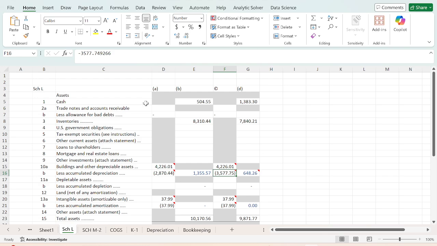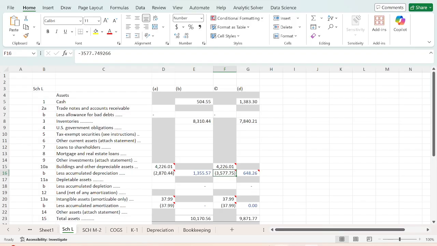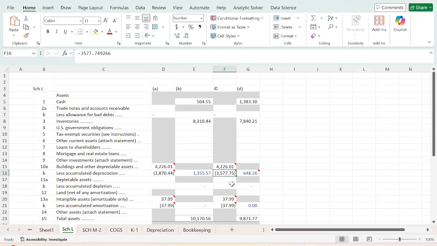If you remember, we came across it on our depreciation page 1 of 1065. So it is included in this amount, and that is giving us that we have 648 left to depreciate.